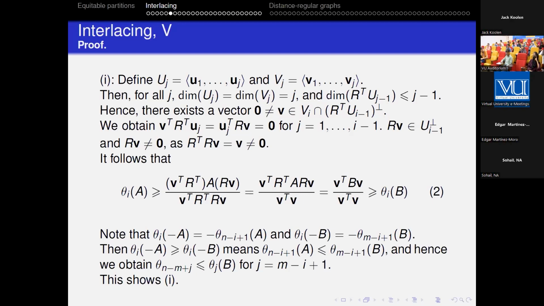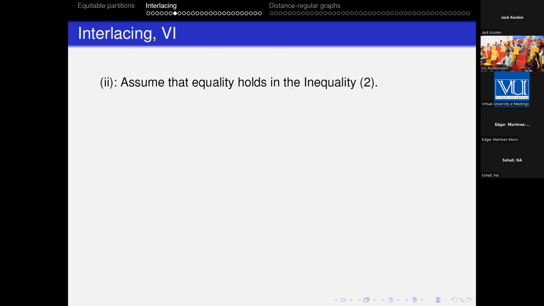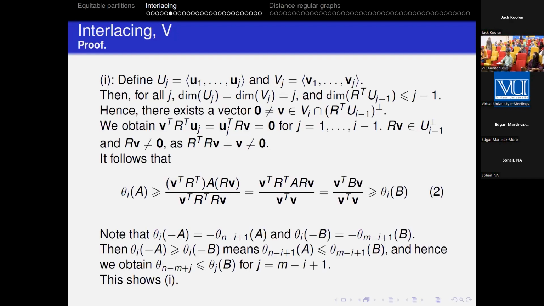So this shows 1. Now I will show 2. We assume that we have equality in inequality 2, which means that all the inequalities are equalities.